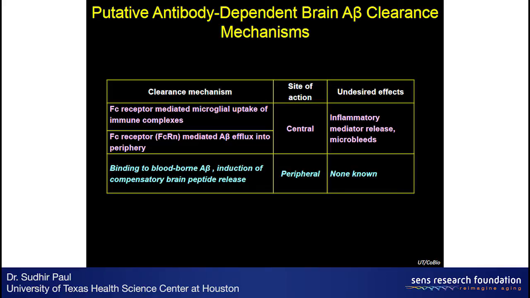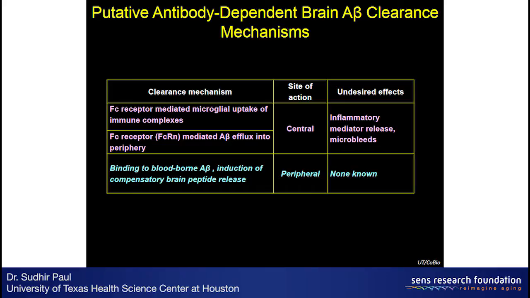These immune complexes of antibody with the amyloid peptide are taken up through the Fc receptors on the macrophages, the microglia, and then the immune complexes are broken up intracellularly, with the result that the immune complexes are cleared, and the result is plaques are reduced in the brain.